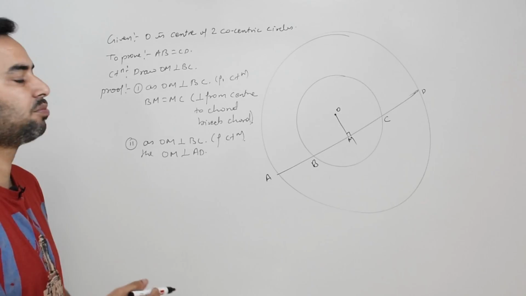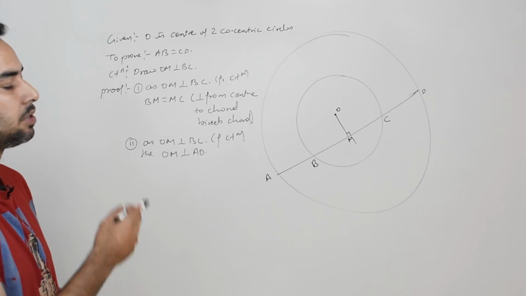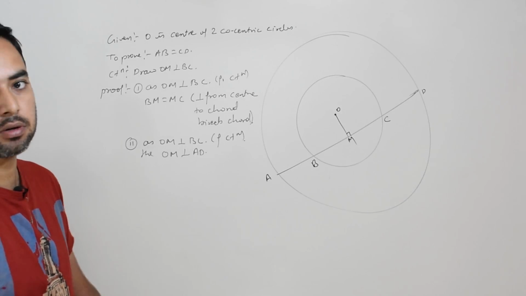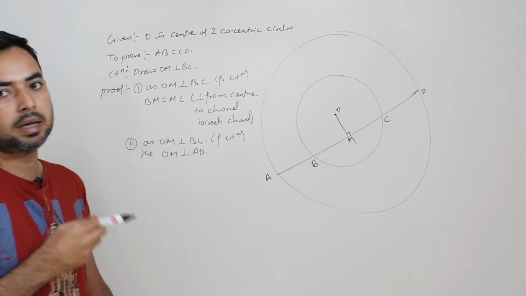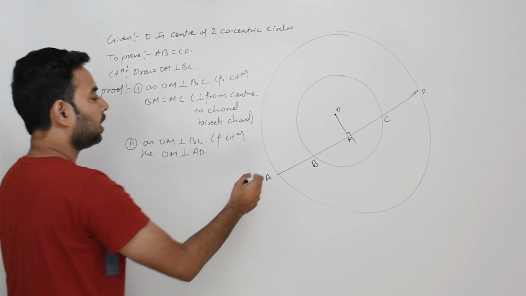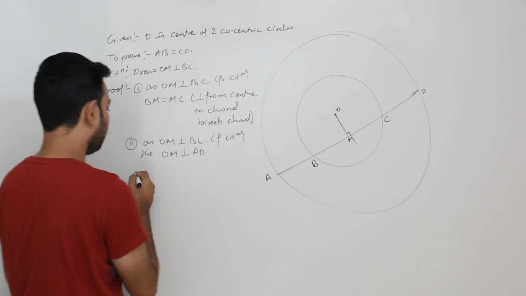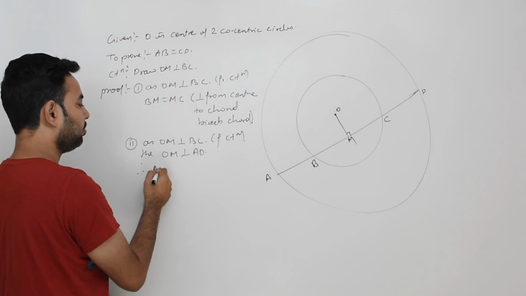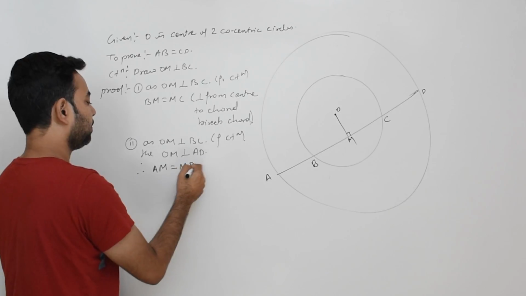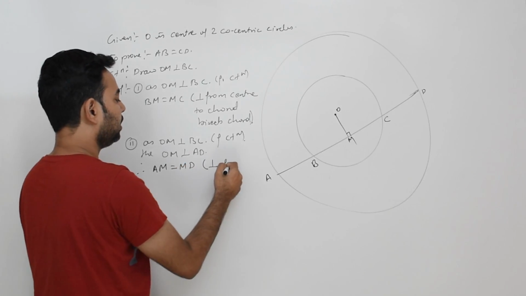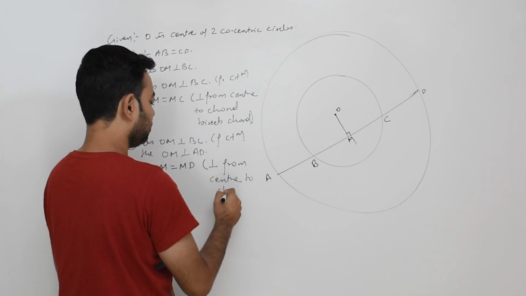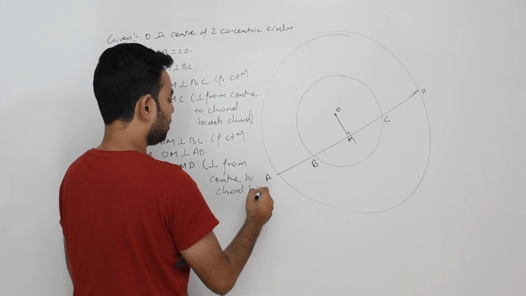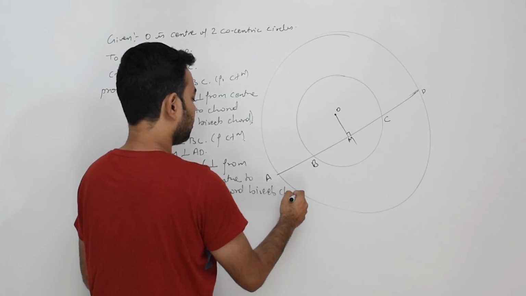So a line segment perpendicular from the center to the chord bisects the chord. It means that it will bisect AD. Therefore, AM will be equal to MD. Again, same reason, perpendicular from center to chord bisects chord.